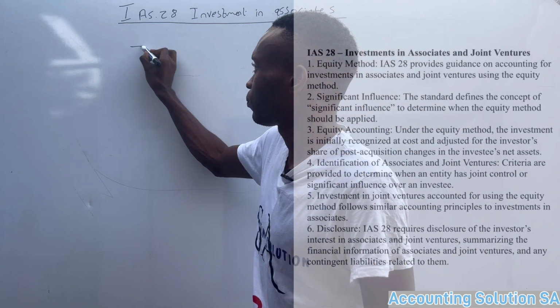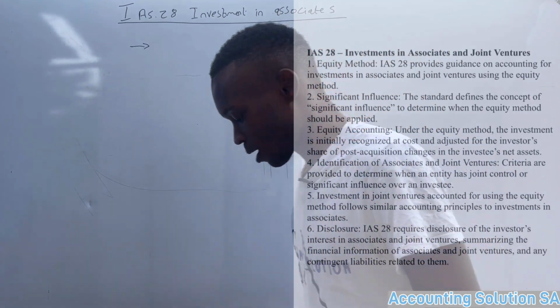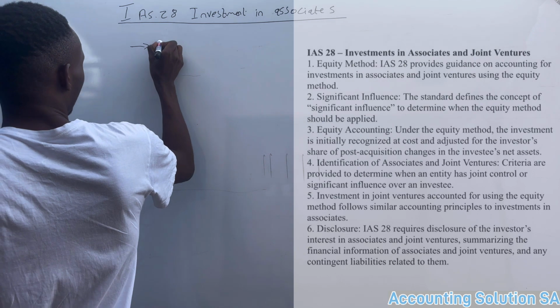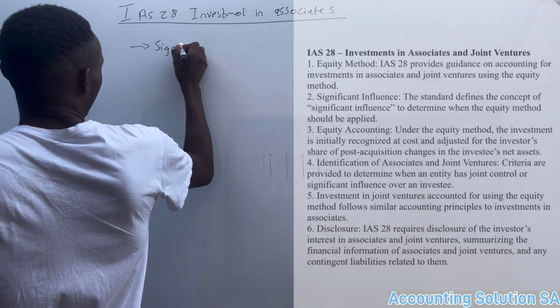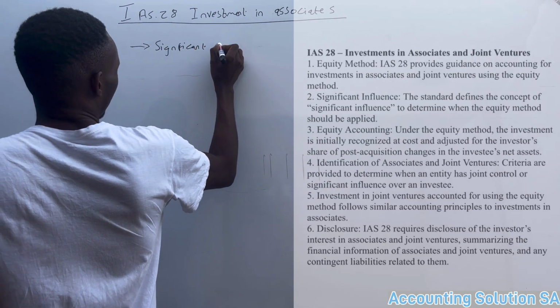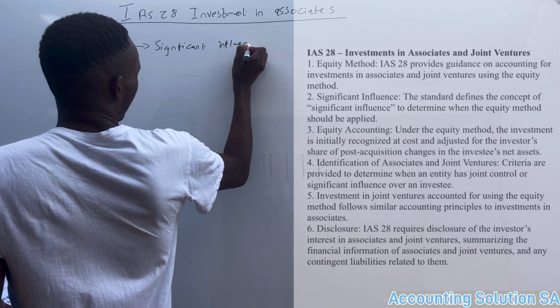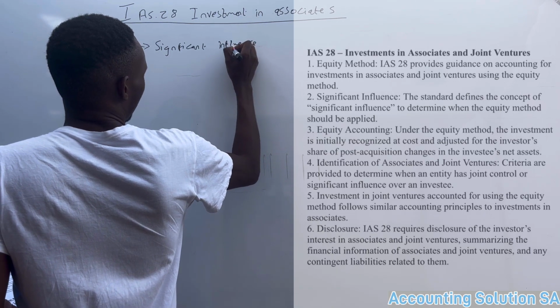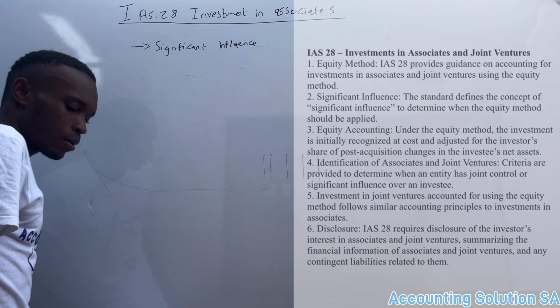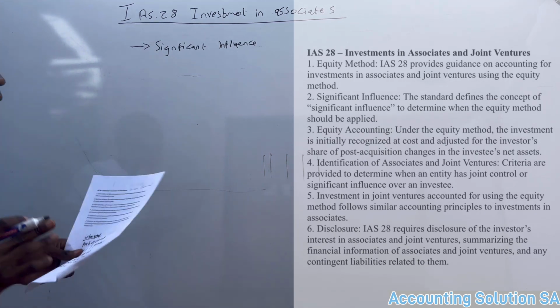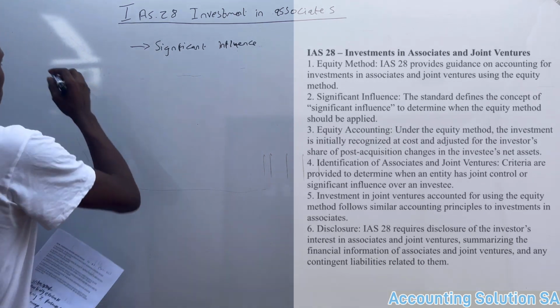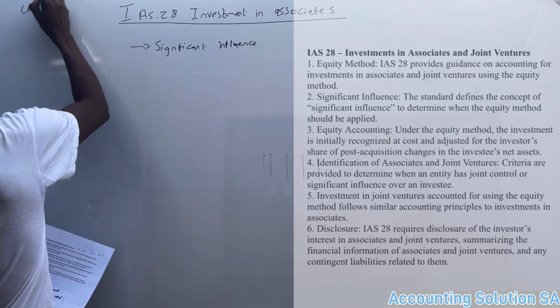Number one, you are going to see it by the words significant influence. Remember, in terms of IFRS 10 we discussed the word control.